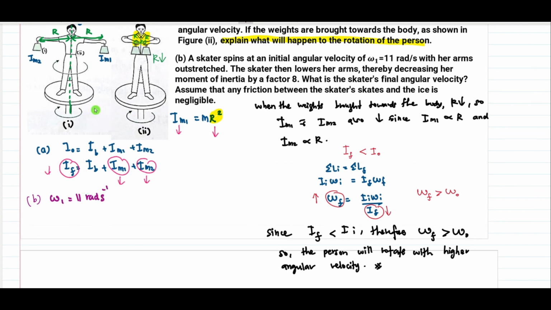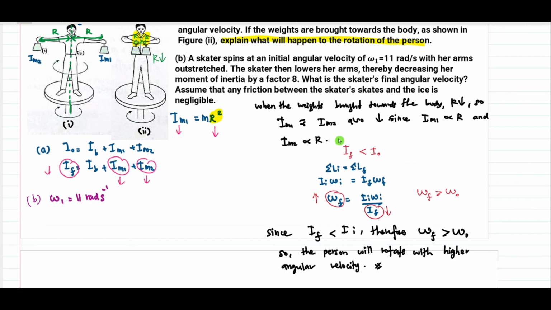That means like before, like the picture of the man earlier. The skater then lowers her arms, thereby decreasing her moment of inertia by a factor of 8. So the skater lowers her arms, which means the arms are brought in close to the axis of rotation.